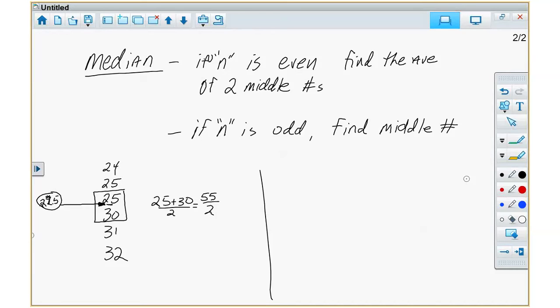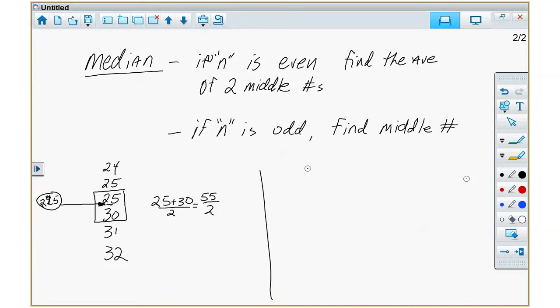I was wondering what happened. I'm stupid. Because that's what y'all are supposed to do. I got 27.5. Okay, people, I make mistakes, all right? I'm doing this in my head. I make mistakes.